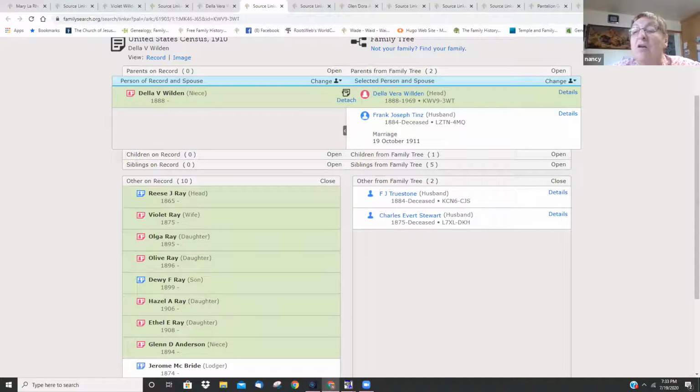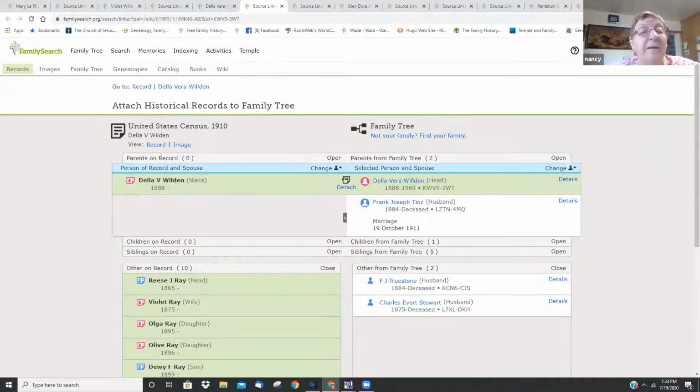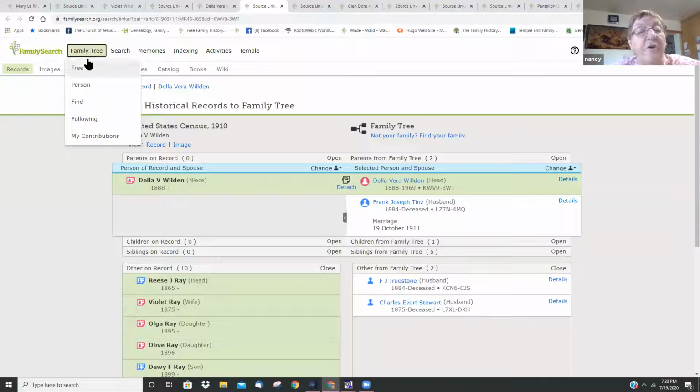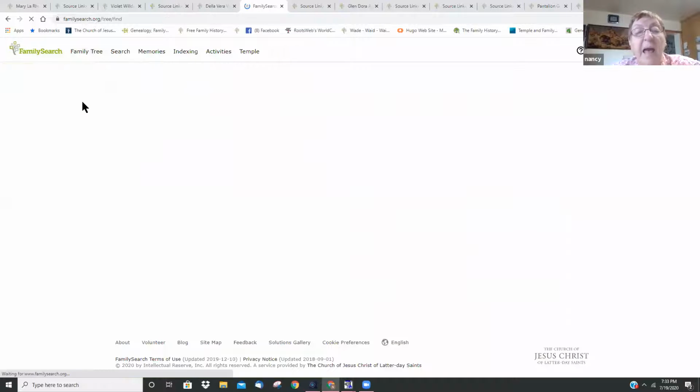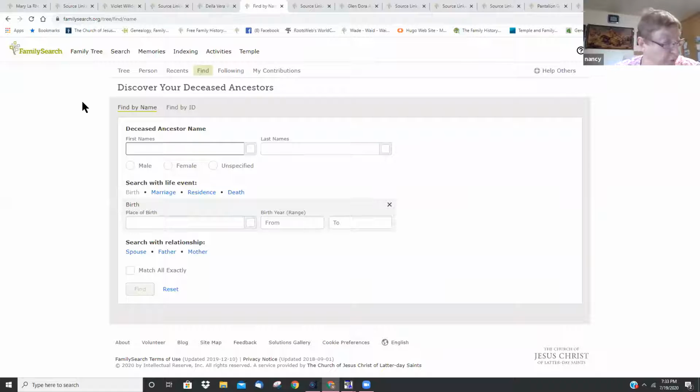There are two easy ways to do that. One is I can go back to Family Tree and choose Tree and choose Find, and I can put in the information about Reese Ray. Now, I should have written down the information about Reese Ray. Let's see what I can remember.